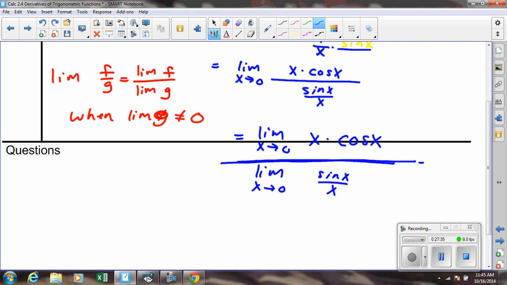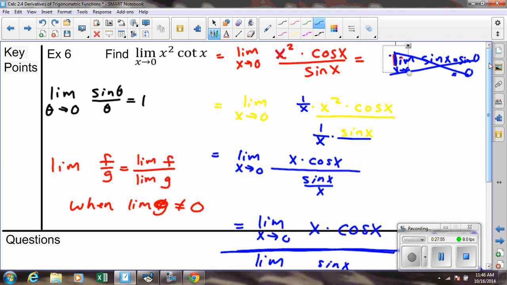This one gives us 0 times cosine of 0 over 1. So that would be 0 times 1 over 1, which is 0 over 1. Our overall result is just 0. This limit equals 0, and we're completely finished.